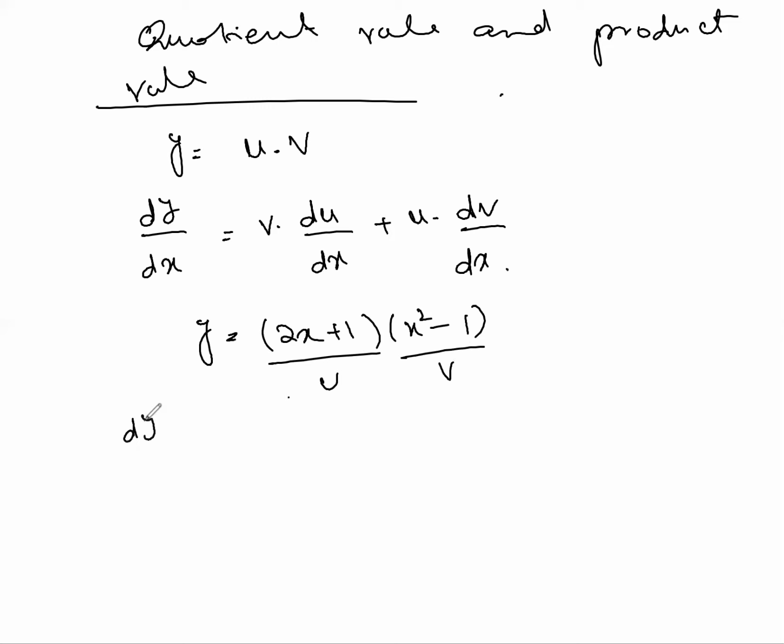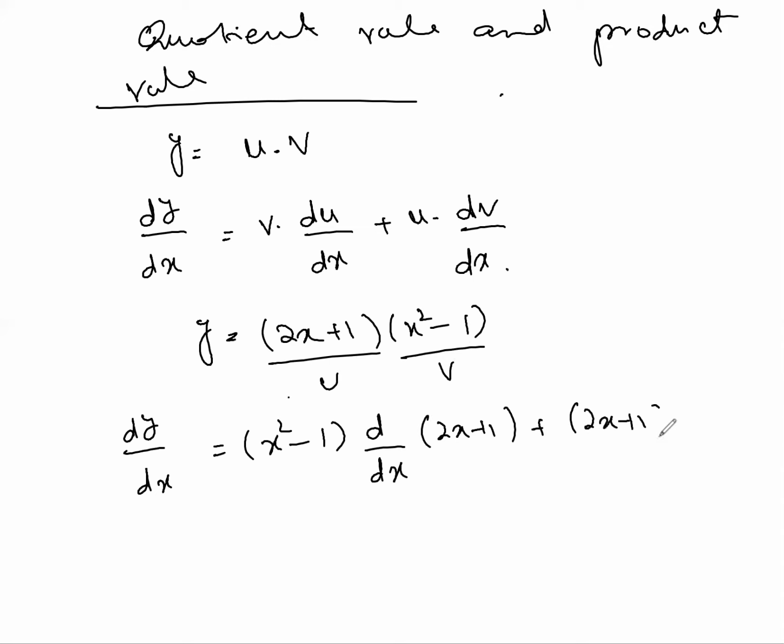So dy by dx will be v as it is, derivative of u, plus u as it is and derivative of v. So it is x square minus 1.